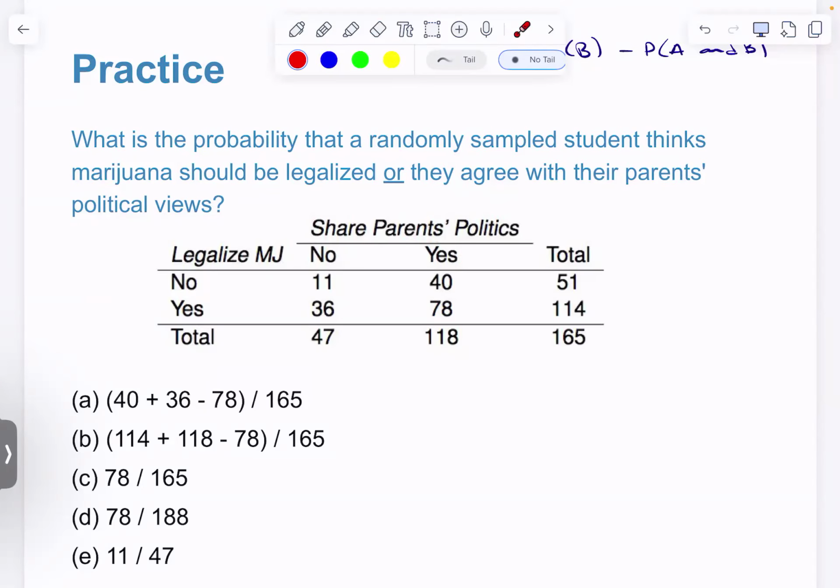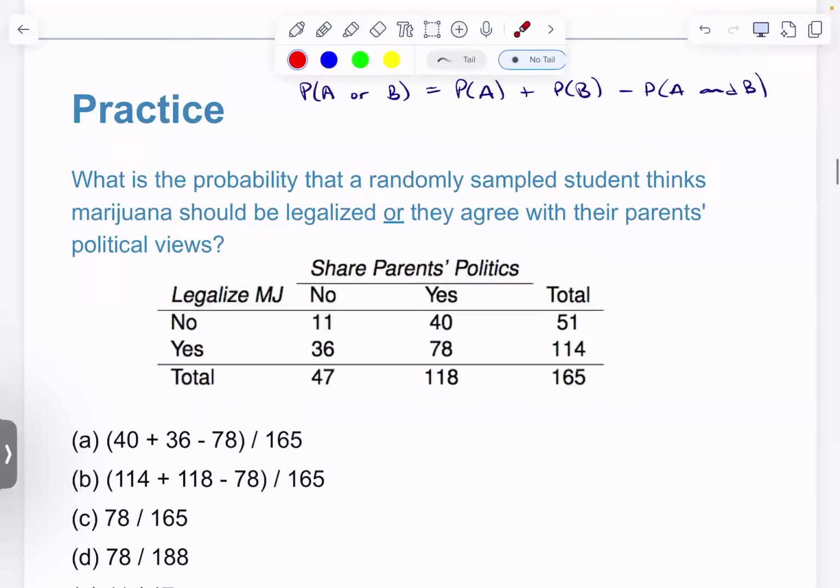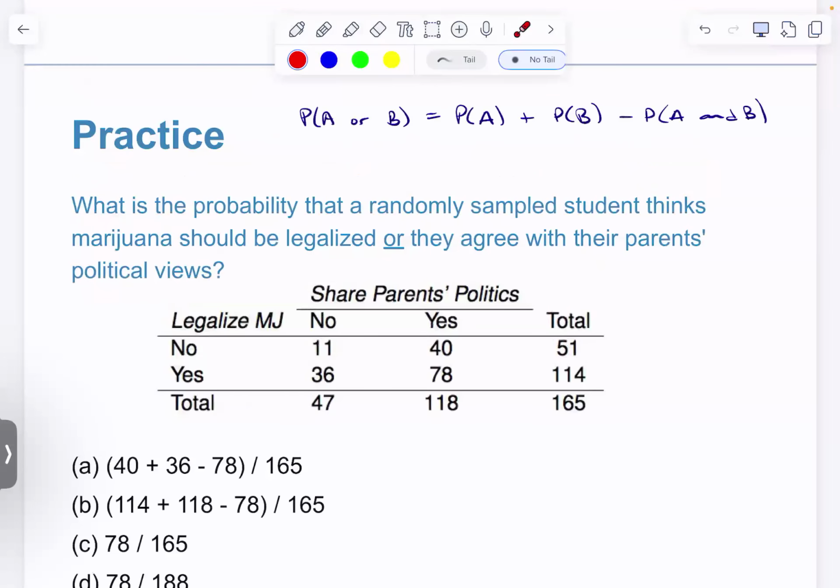And from last day, we know how to read this table and pick out some probabilities, or proportions. So the hard part, and let's just ignore the options because we'll just do it and then pick our option, is translating this question into something that looks like what's on our formula sheet.